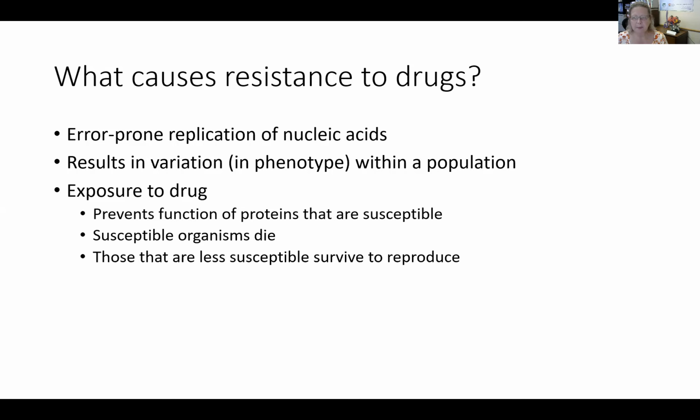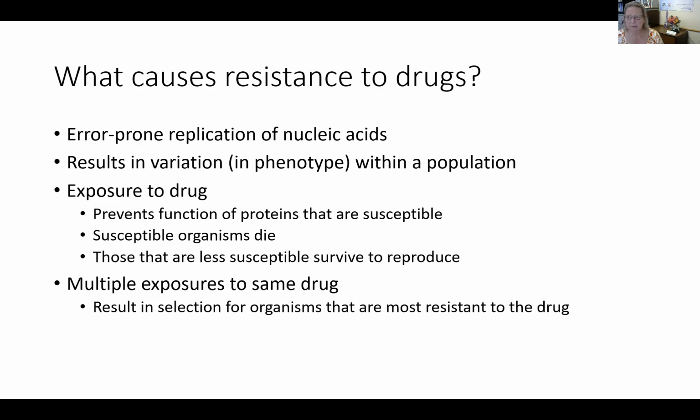Then when this population is exposed to a drug, the drug prevents the function of proteins that are susceptible. So it binds to the proteins that it binds to, and those organisms die. But those organisms that have a variation in the protein from the variation in the DNA or RNA don't bind the drug, and therefore they survive to reproduce.